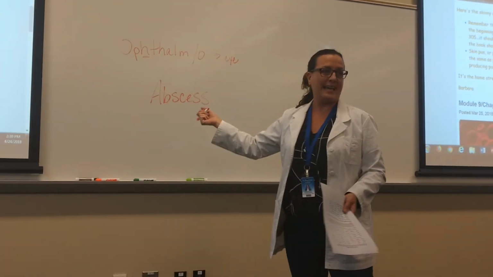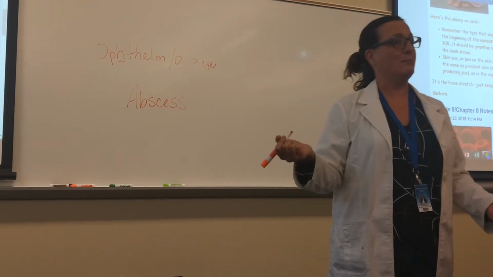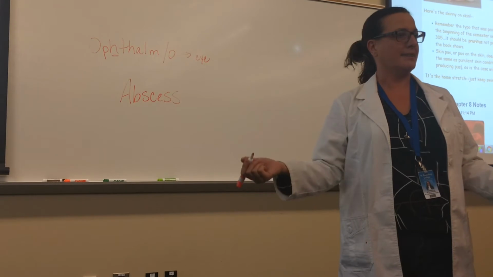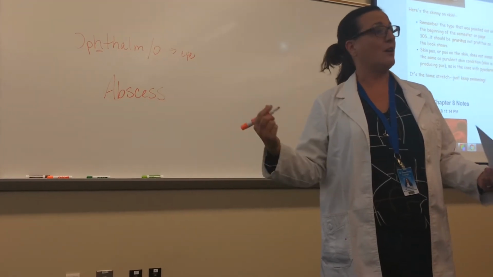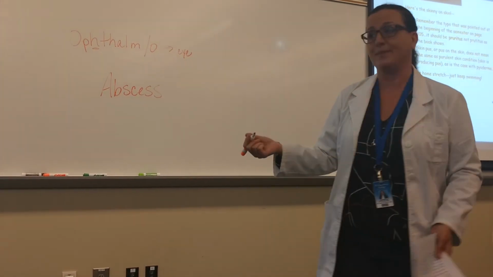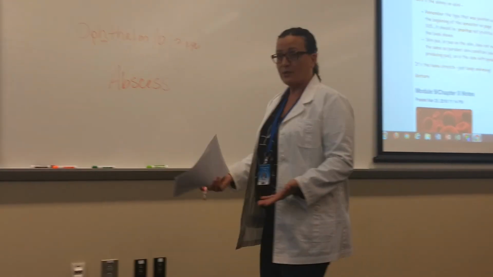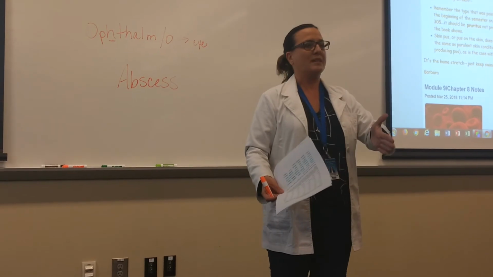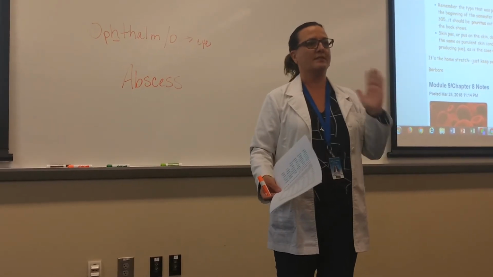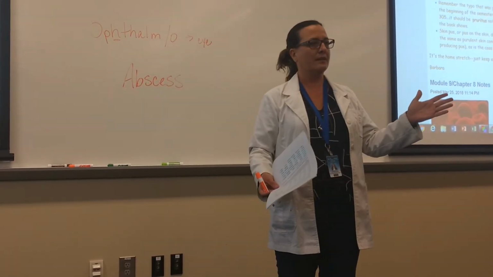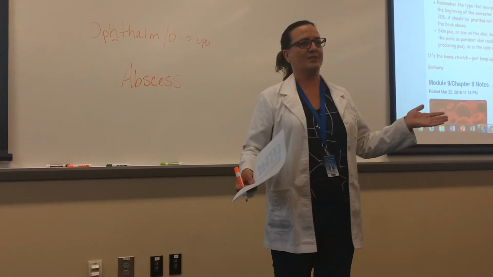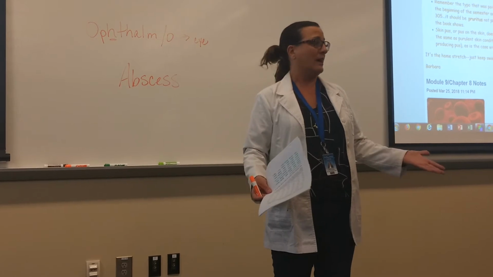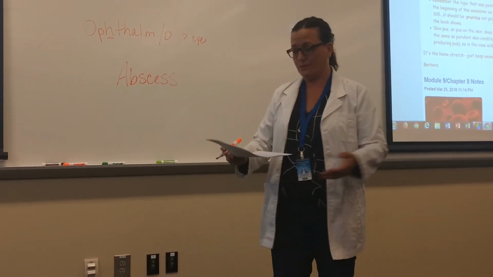So I apply that to abscess, and that's the way I remember it. So it's ABSCESS. That's the way we spell abscess. Okay, so that's a good way to remember that. But just like anything else, even if it doesn't make any sense, if it makes sense to you and it's something that you can remember and stick with your brain, then run with it. I've heard a lot of different stuff over the years, and sometimes it's just goofy, silly stuff. But if that's what helps you remember, then that's awesome. That's what you need it for, right?